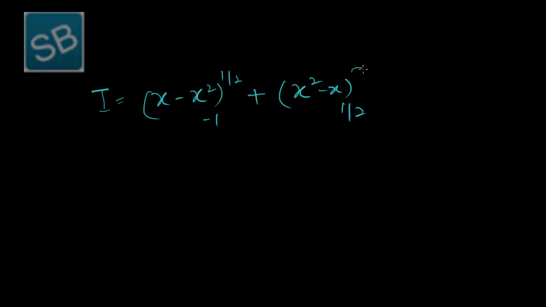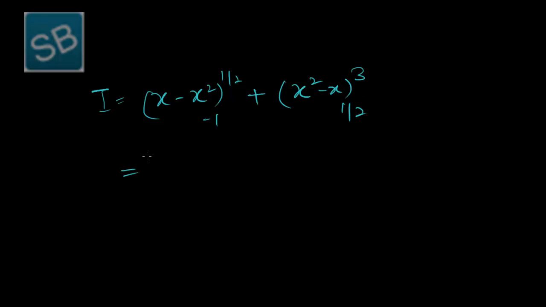Therefore, by using the fundamental principle of definite integration, we get I is equal to, if we take the minus inside, x minus x square ranging from minus 1 to half plus x square minus x ranging from half to 3.